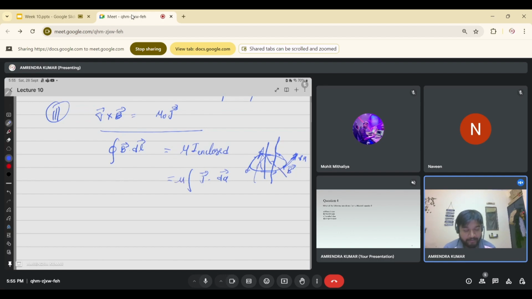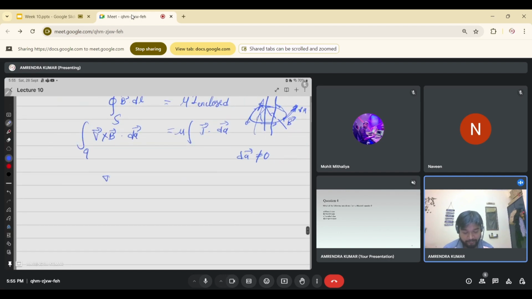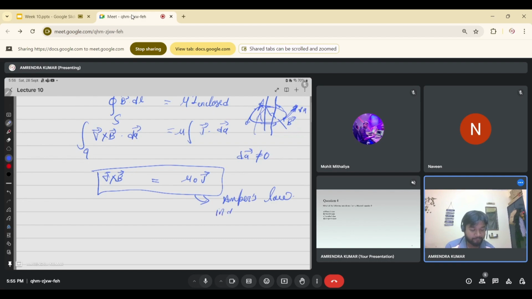But B dot dl on the surface can be written as del cross B dot dA. Now for an arbitrary dA not equal to 0, you can see from both sides that del cross B is equal to mu 0 J. That means this is Ampere's law in differential form.